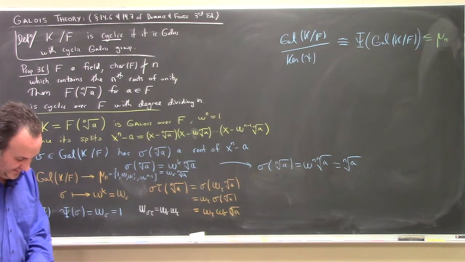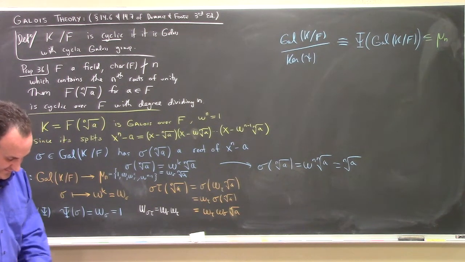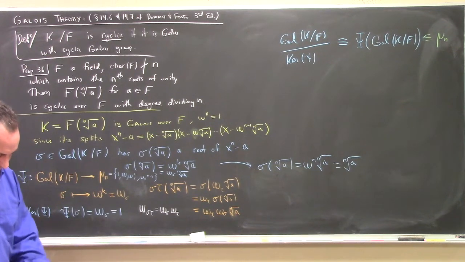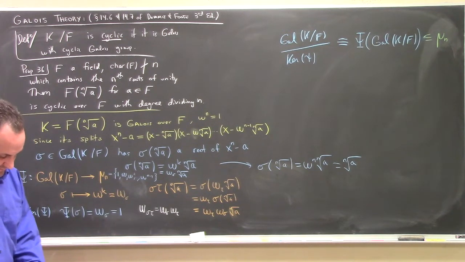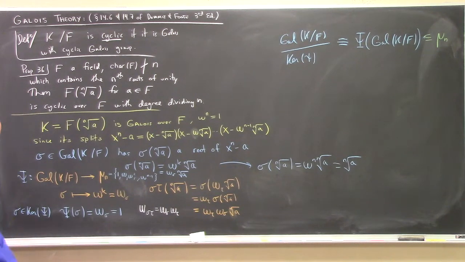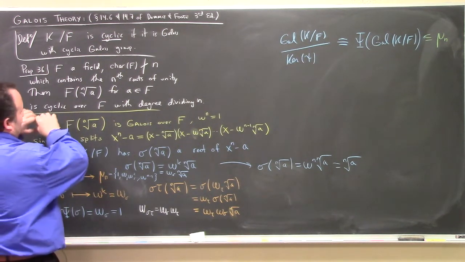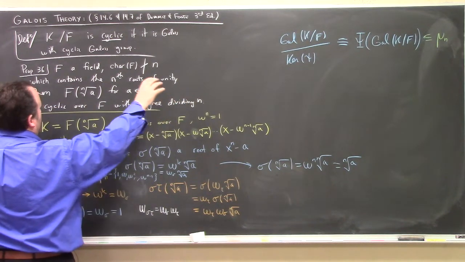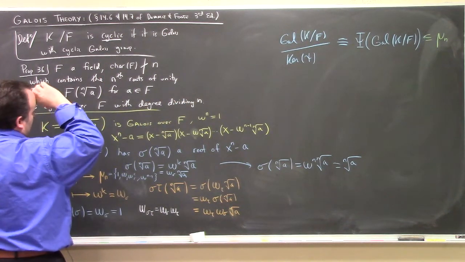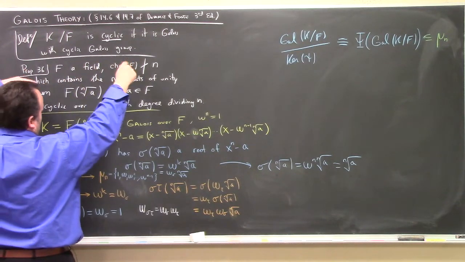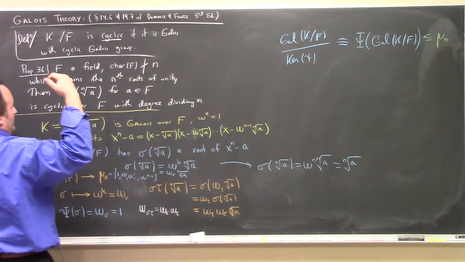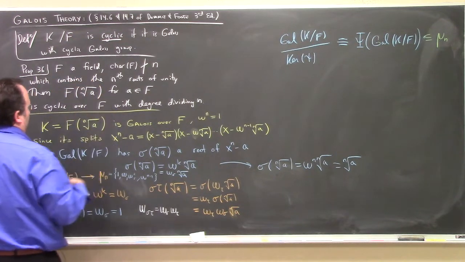Proposition 37 says any cyclic extension of degree n over a field F of characteristic not dividing n, which contains the nth roots of unity, is of the form F adjoin the nth root of a for some a. So basically, proposition 37 says there's a converse: if you've got a cyclic extension, with again the condition that the characteristic of F does not divide n, then it is F adjoin the nth root of a for some a.